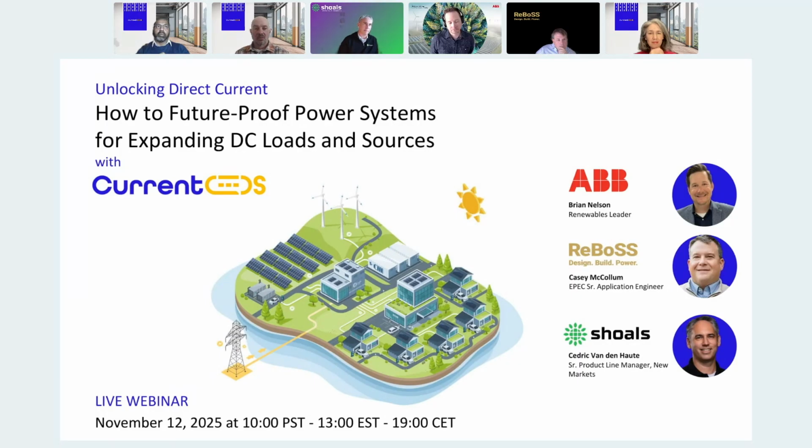I'm anticipating that as we move towards very high power applications on the DC market, we're going to have more of those issues to resolve together. We're going to have to make sure that the certification bodies are up to speed with some of those tests and have the tests in place for those applications.